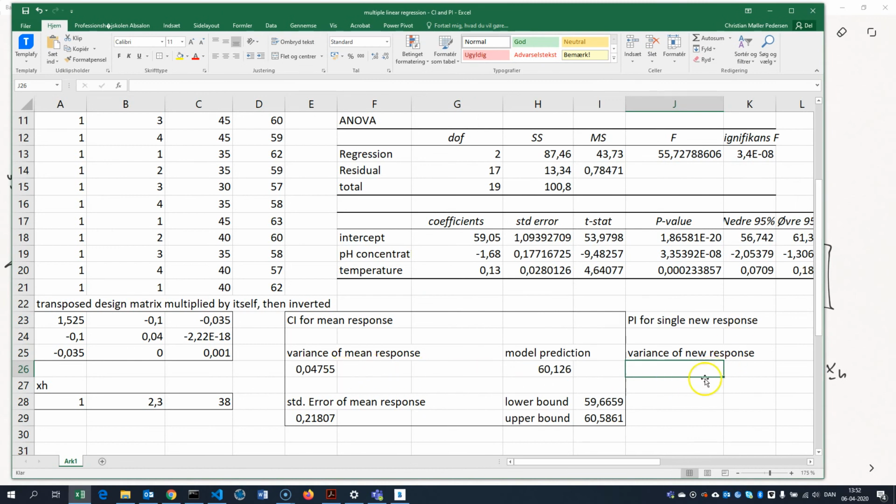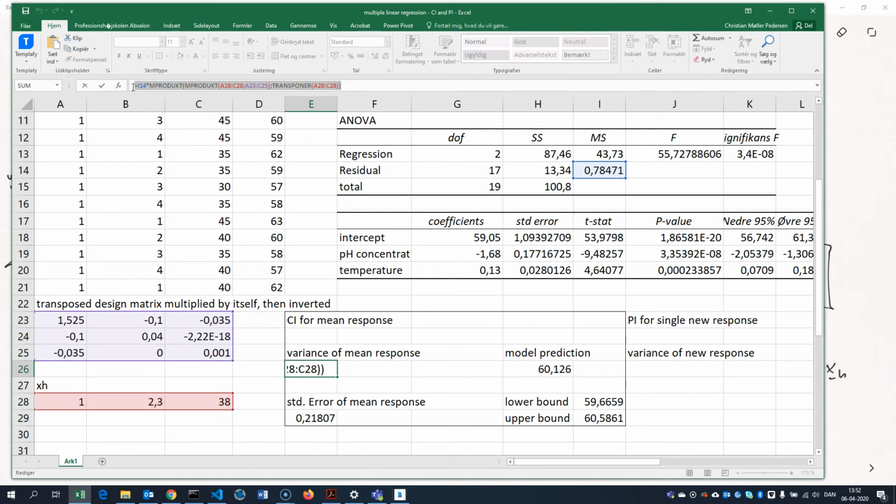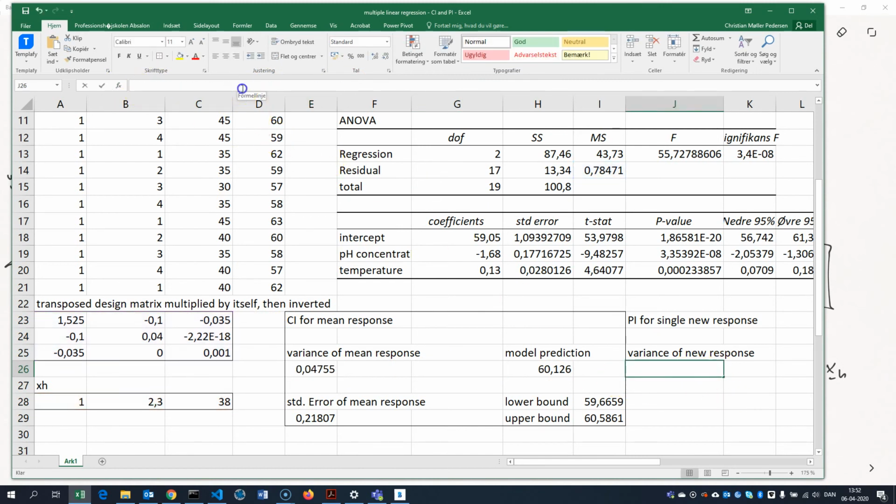So I'll take a copy of this thing here into this cell, and then I'll just add sigma hat squared and press Control Shift Enter, and you see that the variance is somewhat larger, actually quite a lot larger than the variance of the mean.